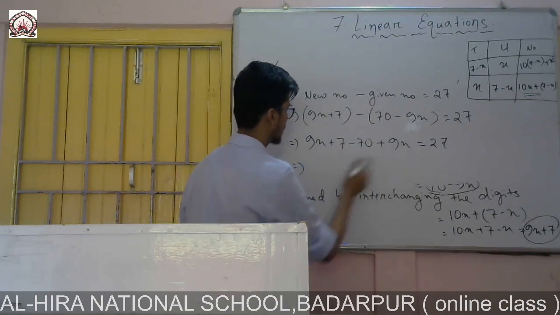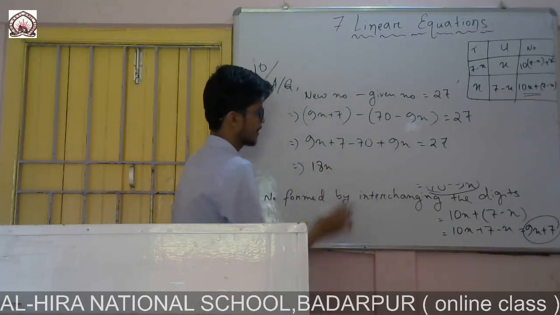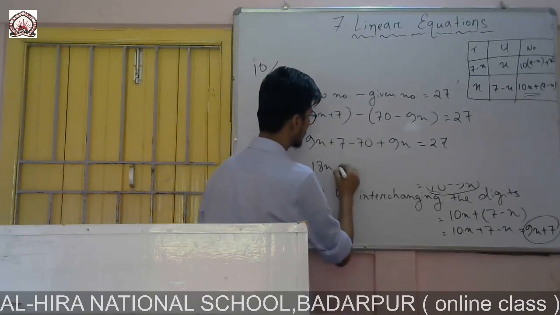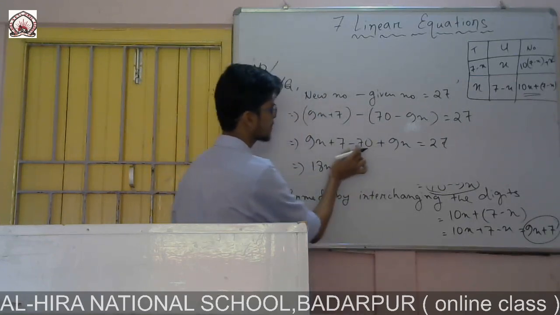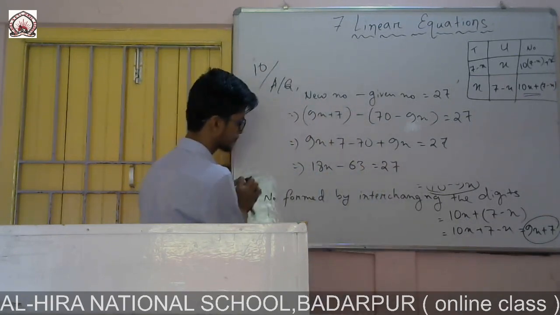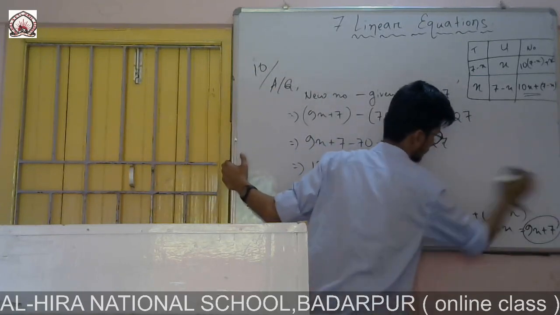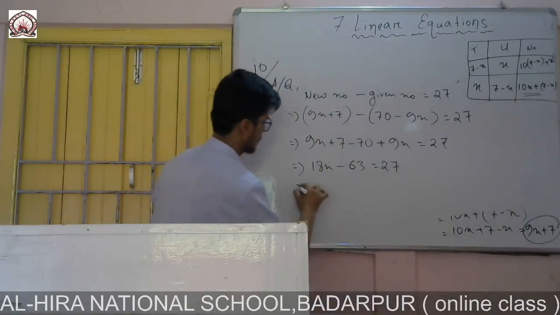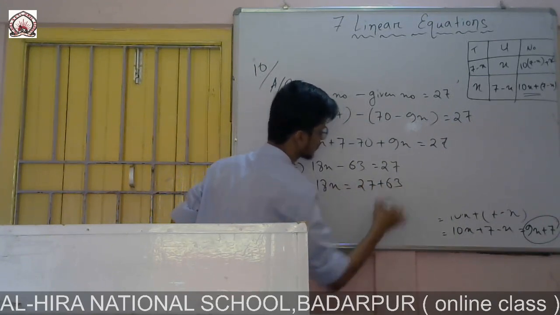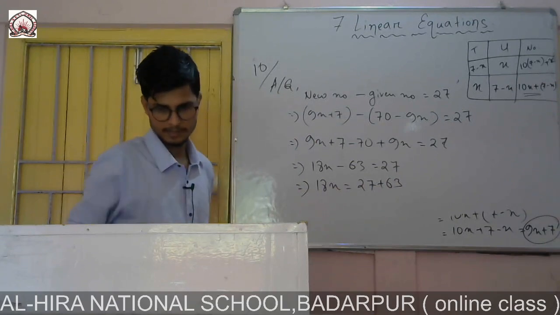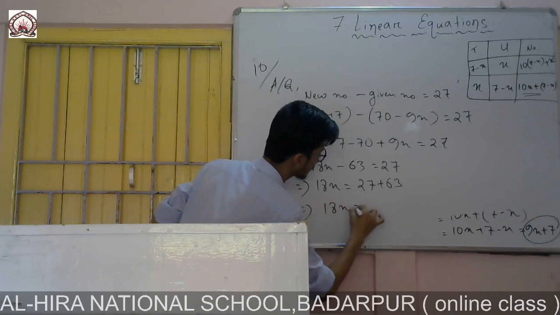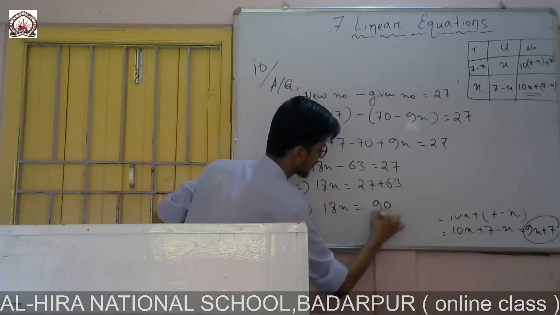Plus 9x, it will be 18x, and plus minus, it is minus 70 minus 7, it will be minus 63. 70 is greater, so I will put minus sign, which is equal to 27. 18x equals 27 plus 63, which is 90.